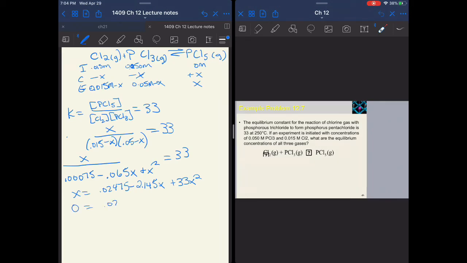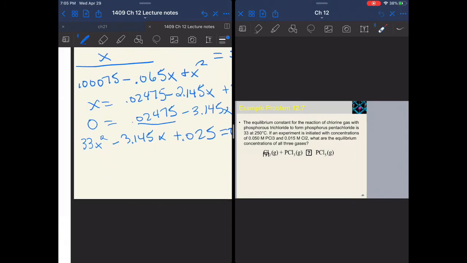We have 0.02475 minus 3.145x plus 33x squared. If you just want to rewrite this so that it's what you're used to seeing when you solve quadratics, you could certainly do that. I did it in my notes. It's going to be 33x squared minus 3.145x plus 0.025. And we rounded here, I assume, because the book did. So we're following along with that.